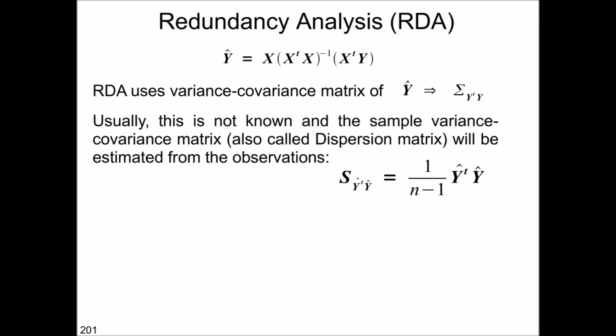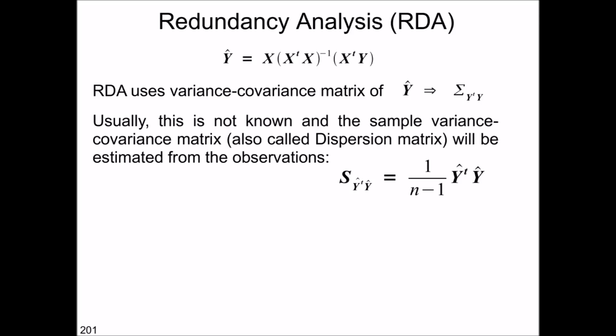So we first do the multivariate multiple regression, and then we use this fitted matrix to estimate the variance covariance matrix. Since we usually don't know this, we use the sample variance covariance matrix and estimate this from the data.